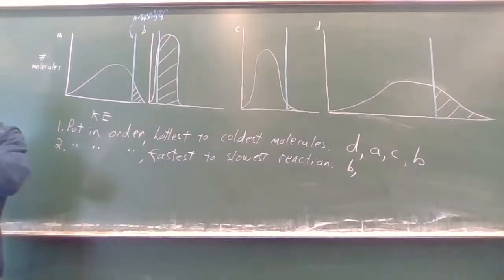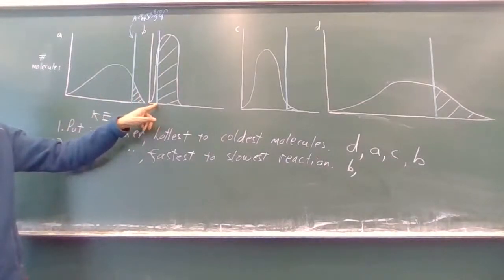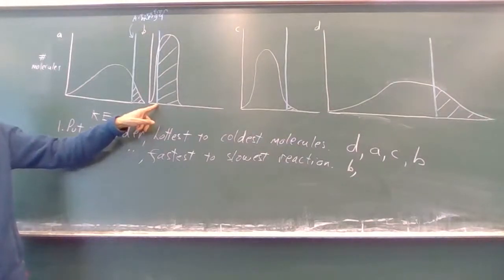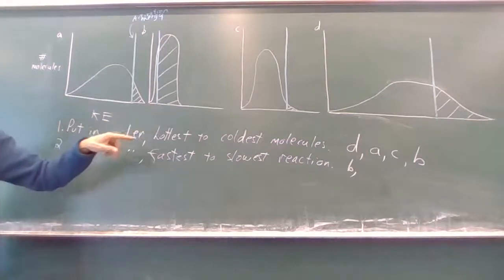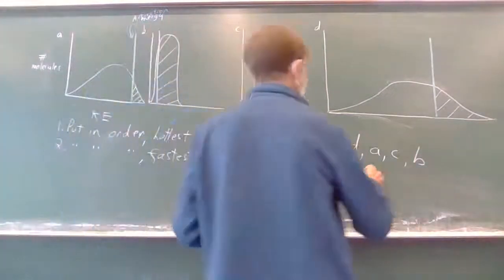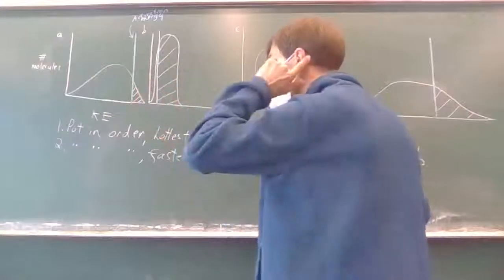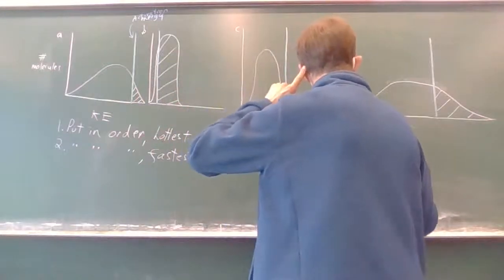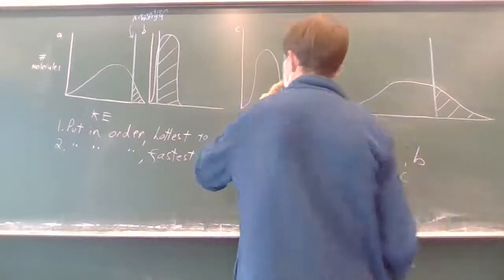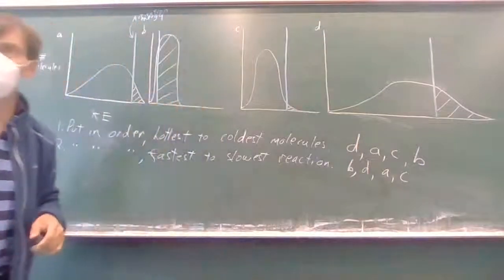It's got the most molecules compared to that line. They react. Yeah. So I have B, D, B, A, C. I think that's right. So let's think about why that is.